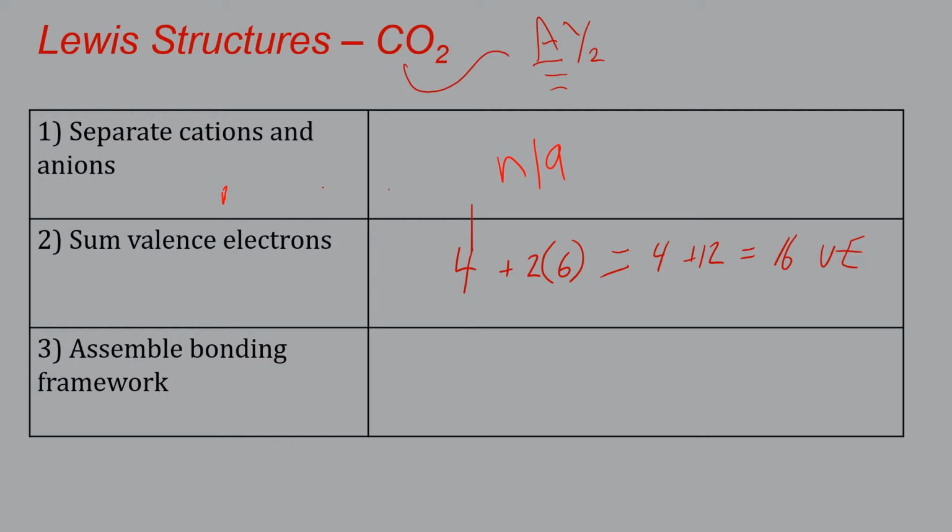And so this is telling you that, unless otherwise told, this is a carbon. And for the framework, you just want 1 single bond connecting everything together, because if it's part of a molecule, there's going to be at least one bond there. So this is the bonding framework for carbon dioxide. And in making these 2 single bonds, we have used 2 pair or 4 of the 16 electrons.